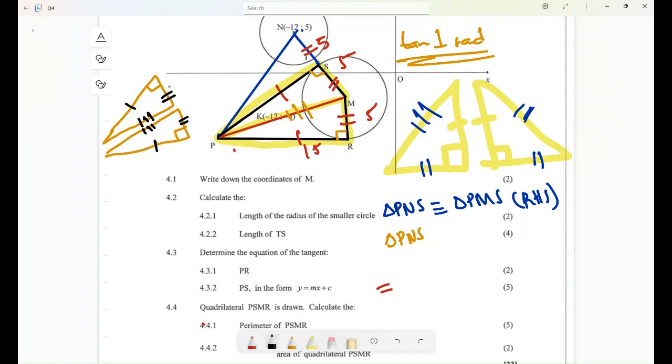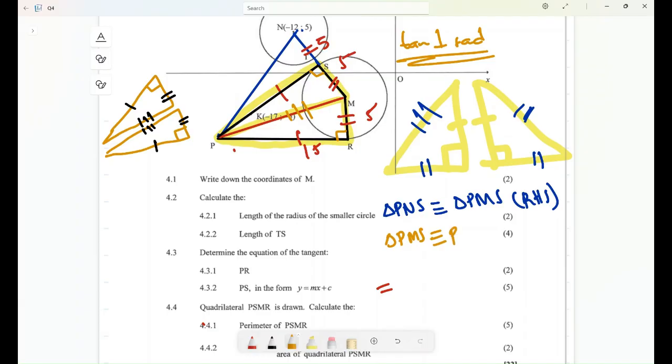Can you see that they are also congruent? Yes, P and S is congruent to P. I said P and S. No, I think I'm done with P and S. I wanted to say PSM, or PMS. Let me say PMS, okay.